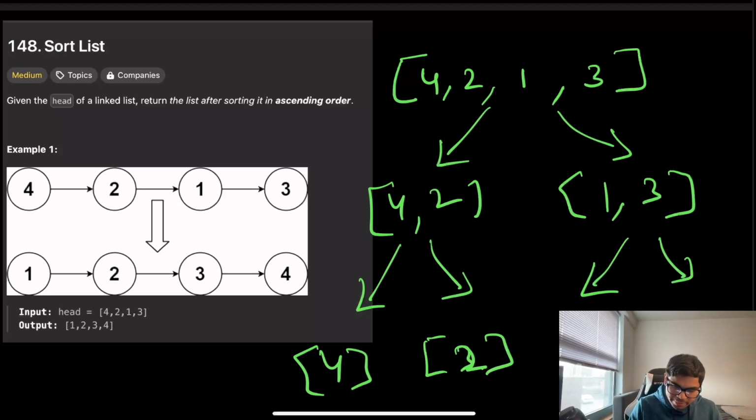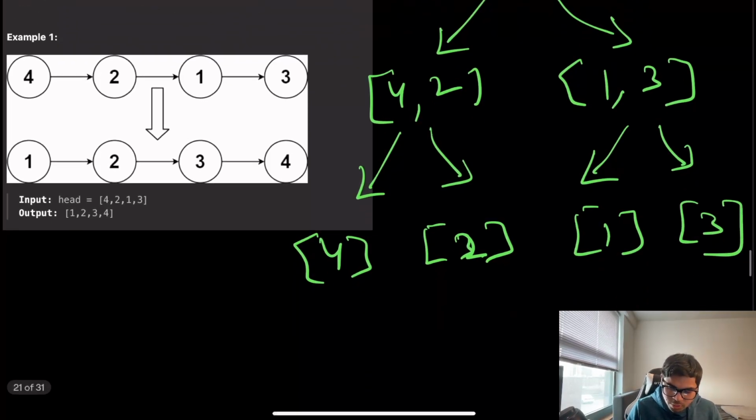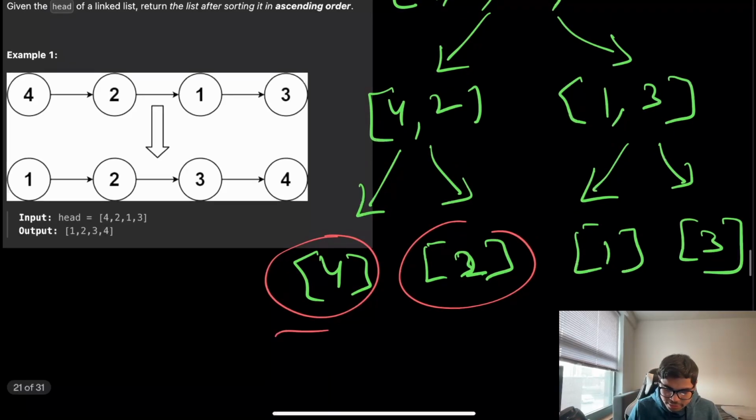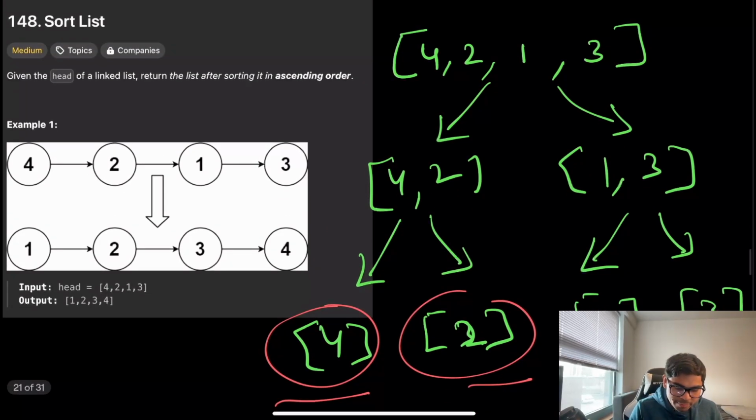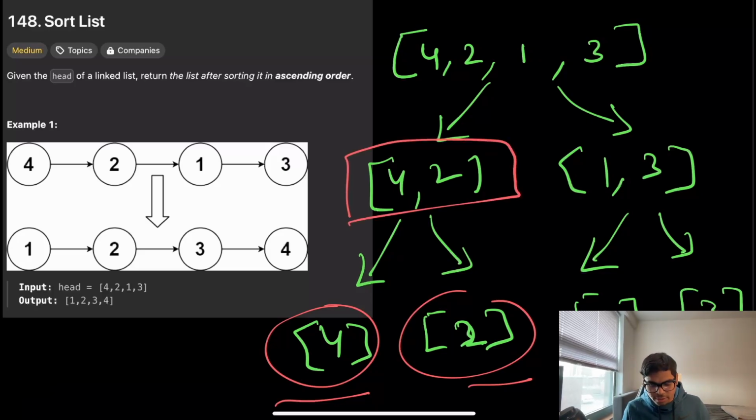Since it's just one element, it's already sorted. So you take these two and merge them into a sorted list. Basically, these two lists are sorted and you're merging them. Merging two sorted lists is O(n) time complexity.